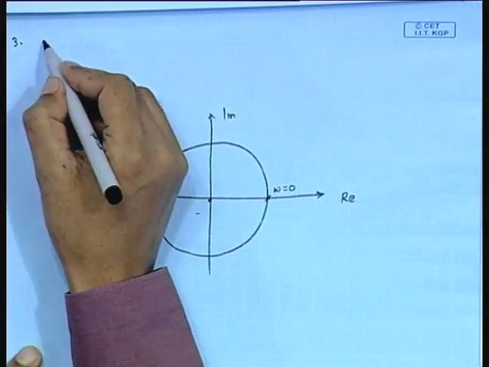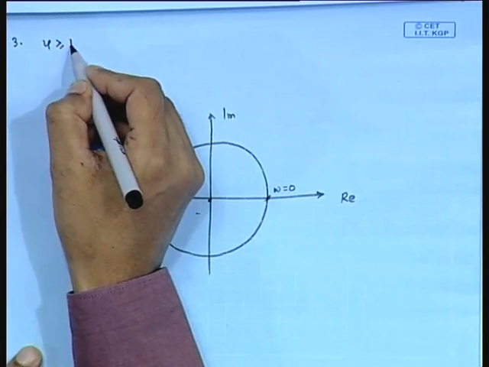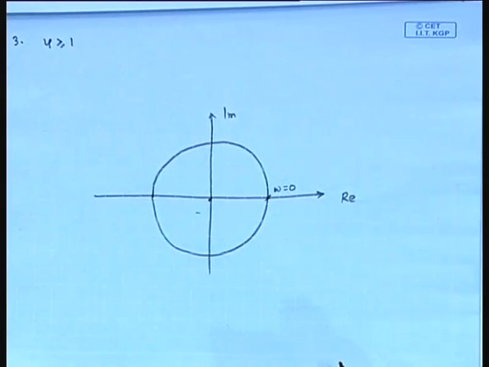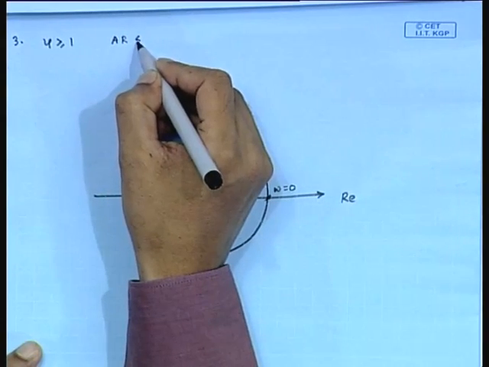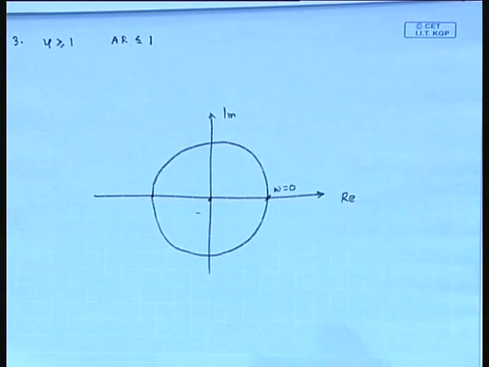See, here another parameter is involved, that is zeta. Fine. So, when zeta is greater than or equal to 1, amplitude ratio becomes less than or equal to 1.